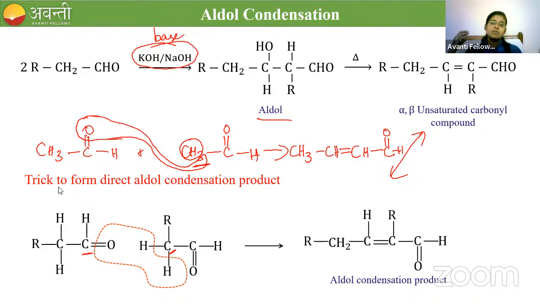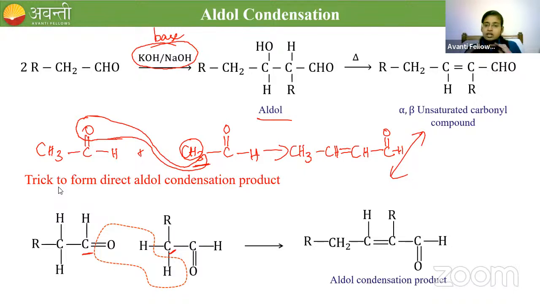We are discussing aldol condensation. To get the aldol condensation product, we have to take 2 molecules of aldehyde or 2 molecules of ketone. Okay, no problem, just listen now. Take the 2 molecules, treat them with the base and heat it. That will give you an alpha beta unsaturated carbonyl compound.